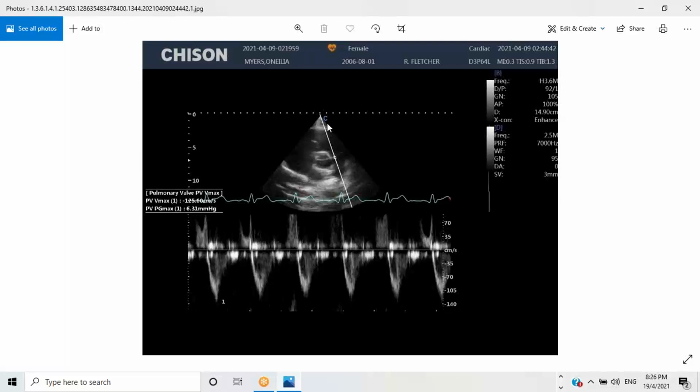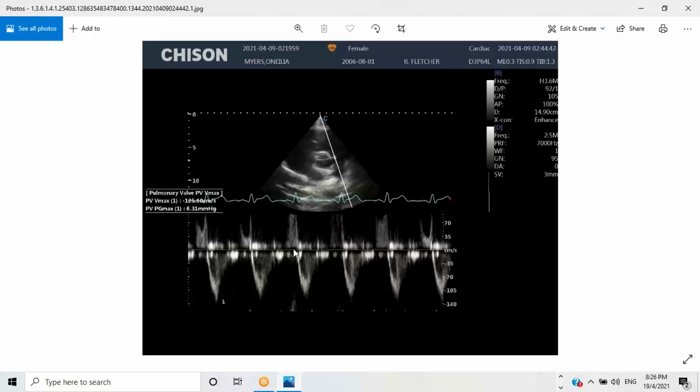Okay. So you put your cursor across the pulmonary valve. The sample volume is right there, and you press PW. So this is a PW assessment, and you get an envelope like this, another spectral envelope. And when you look at your ECG, you see that the envelope occurs in systole from the onset of the QRS to the end of the T wave.